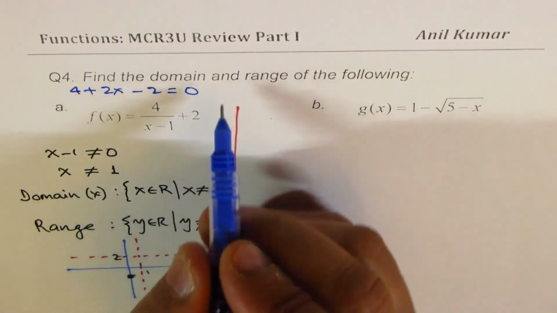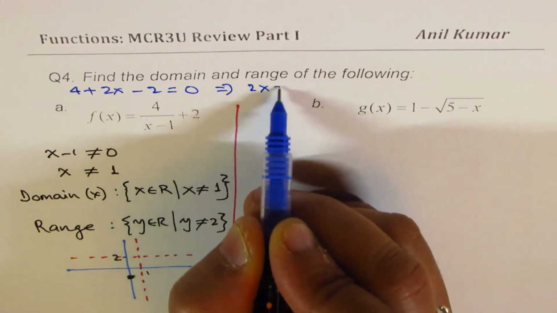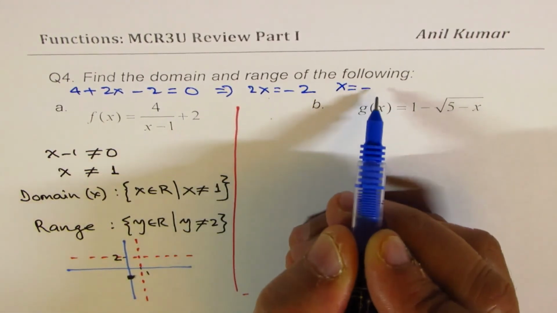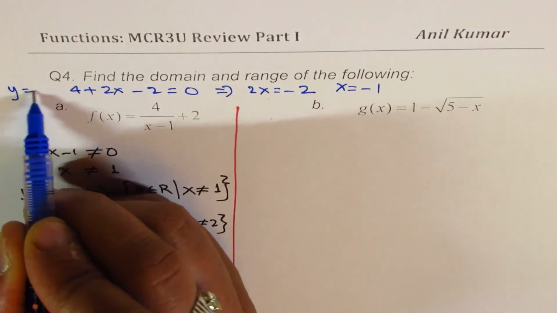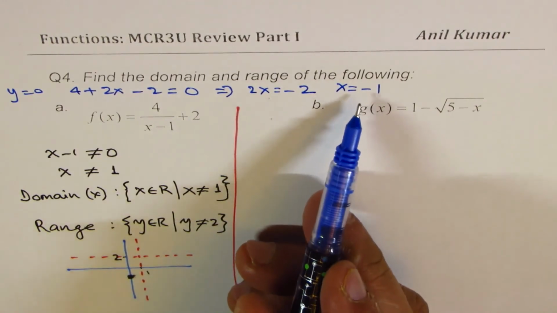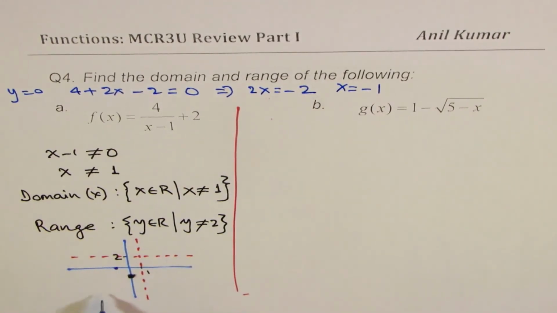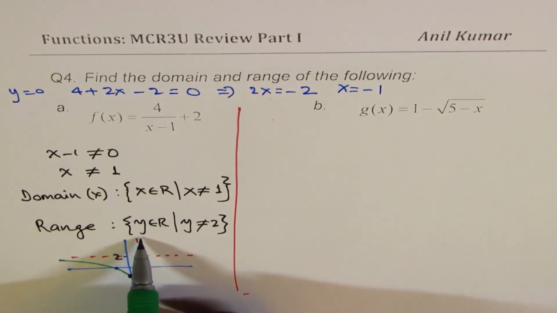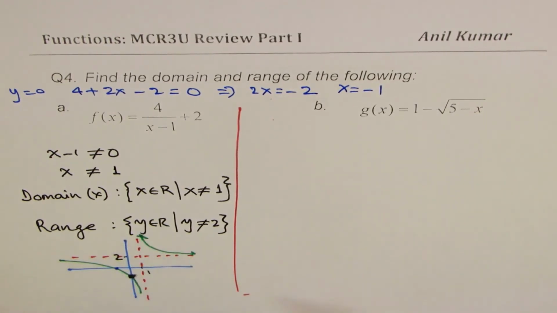So that gives you 2x equals minus 2, or x equals minus 1 for y equals 0. Is it okay? So the x-intercept is at minus 1. And that clearly indicates that your graph should be kind of like this. Is it okay? Right.